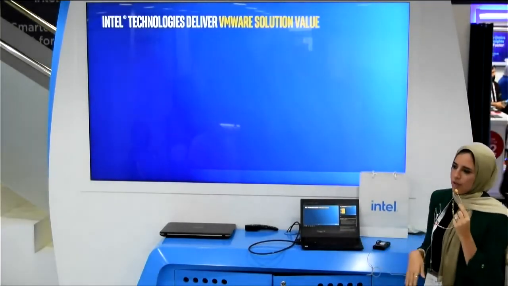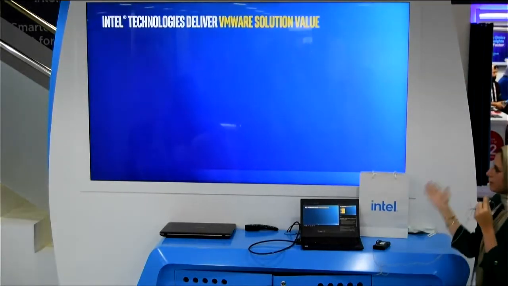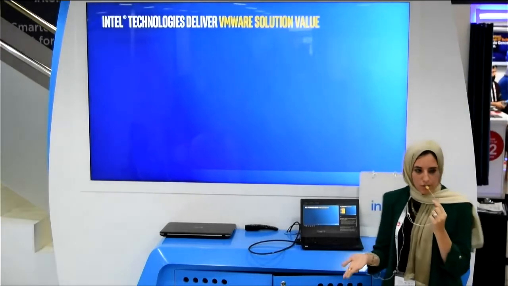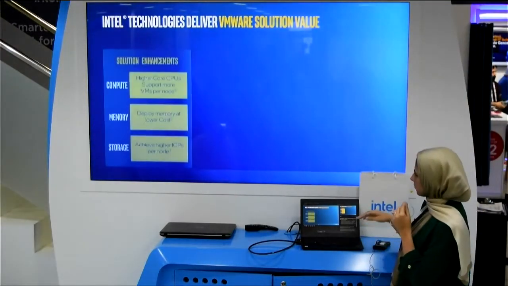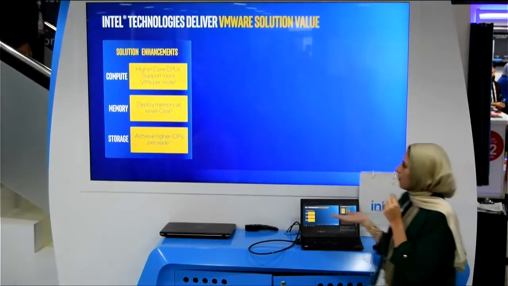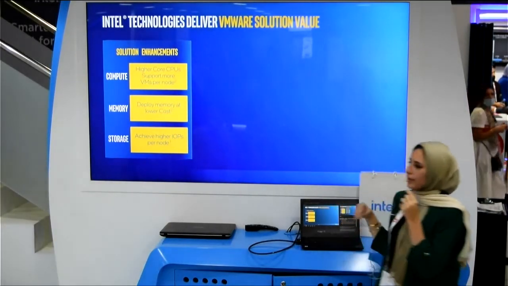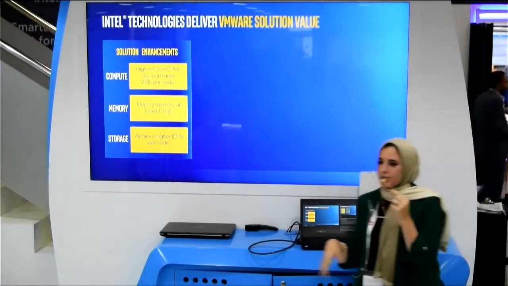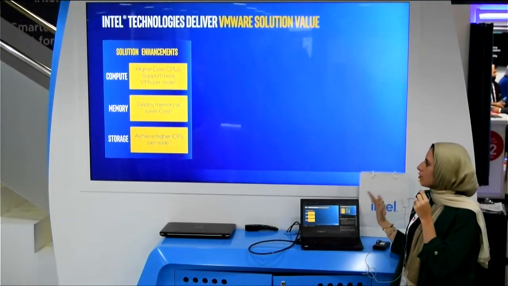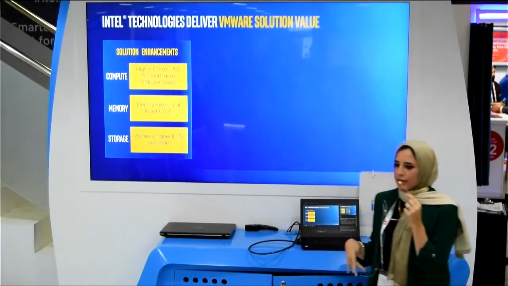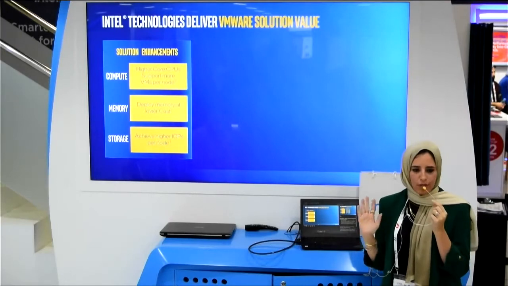Okay, so we spoke about Intel's portfolio and how it fits in all of this. So how can we actually use it to get solution enhancements? From the computing part, we mentioned that Ice Lake is up to 40 cores. So you can have a higher core count CPU, and by having a higher core count CPU, you will end up supporting more VMs.